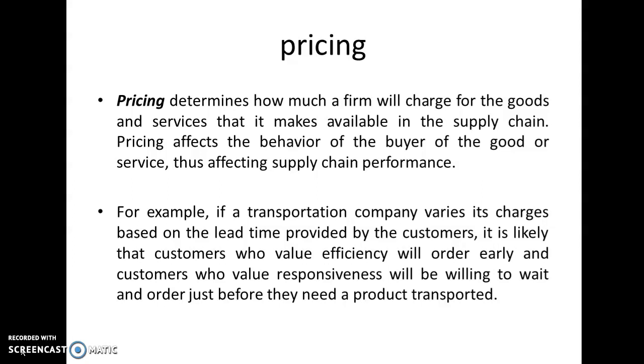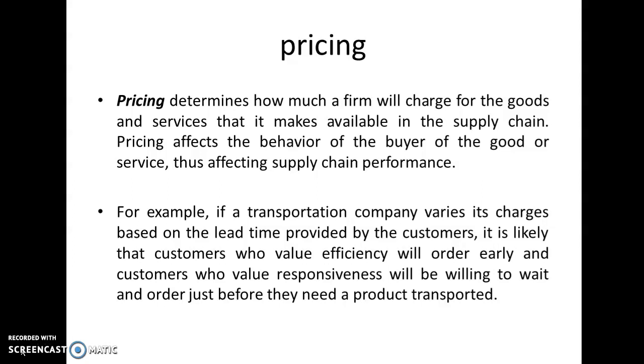At the same time, if the price is high or if there is an increase in price, the customers may not buy the particular product, or they may search for some other product at a lower cost. So the pricing is the main factor which plays a role in supply chain performance.